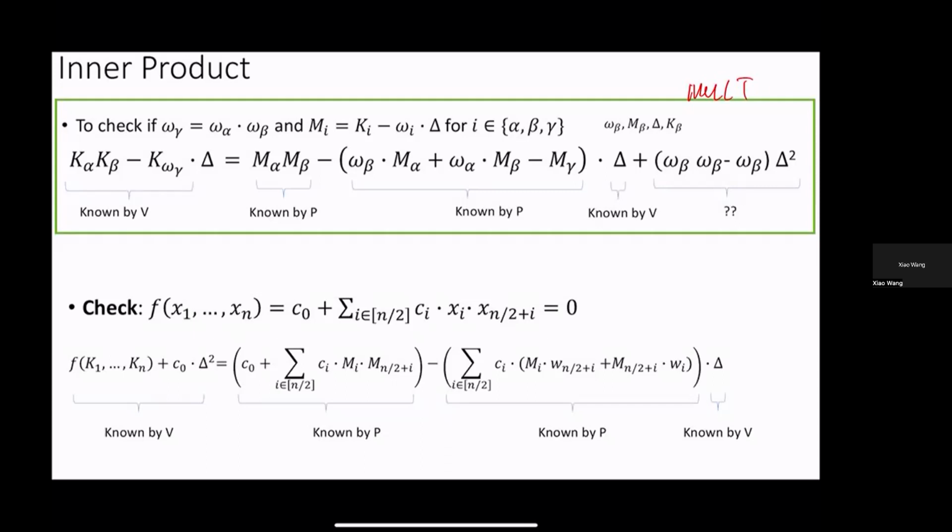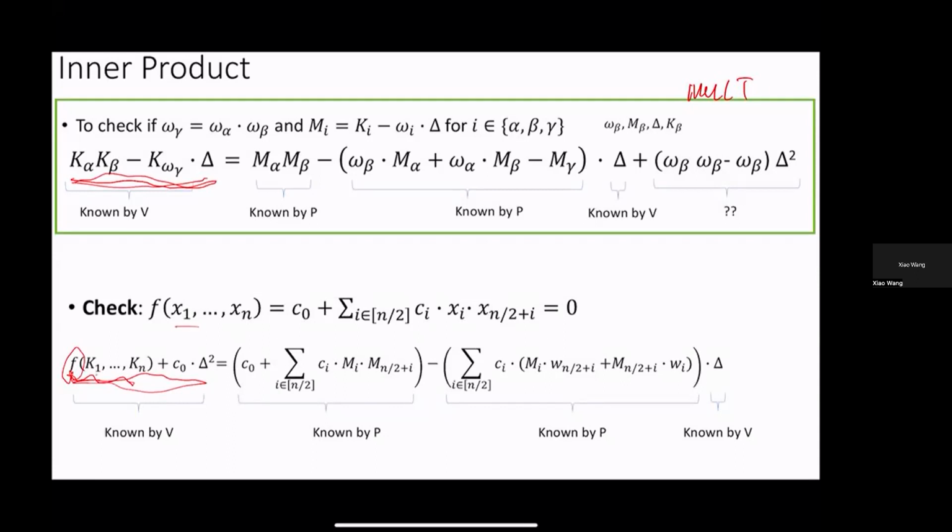On the left-hand side, instead of computing this simple operation, we are going to compute a slightly more complicated operation, where f is the statement, but it is the polynomial. But instead of proving this kind of polynomial on top of the input, we are going to compute it on top of the keys.